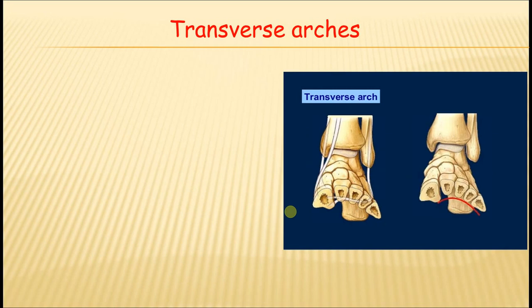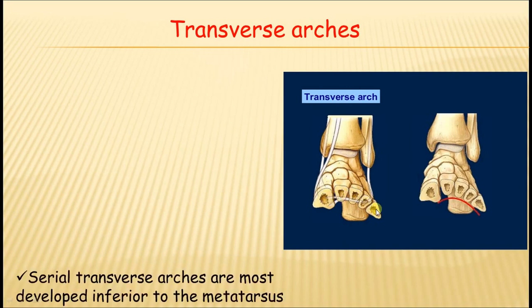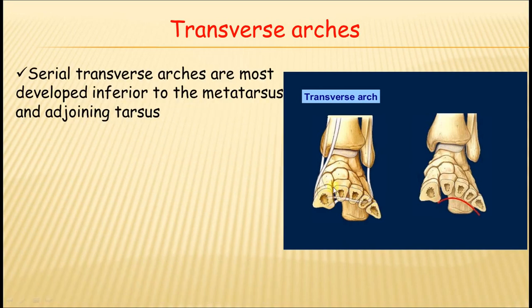So you are able to see transversely also our bones are oriented in an arched manner, and you see a series of arches which I have been telling in the beginning of this lecture itself, and it is by the metatarsus and the adjoining tarsus. So excluding the head of the metatarsal, starting from the shaft and base and up to the cuneiforms and the cuboid bones, you have a series of transverse arches.